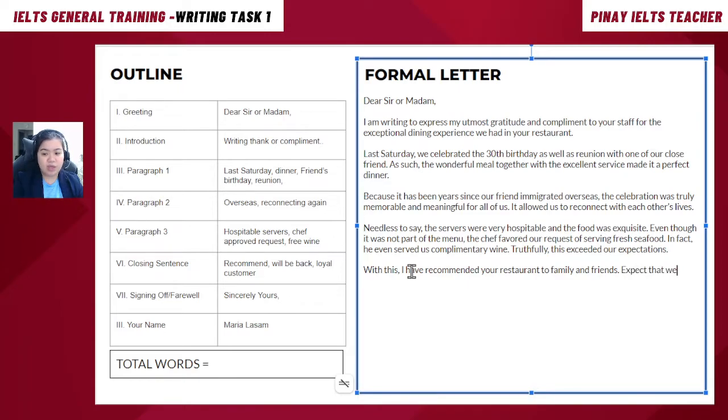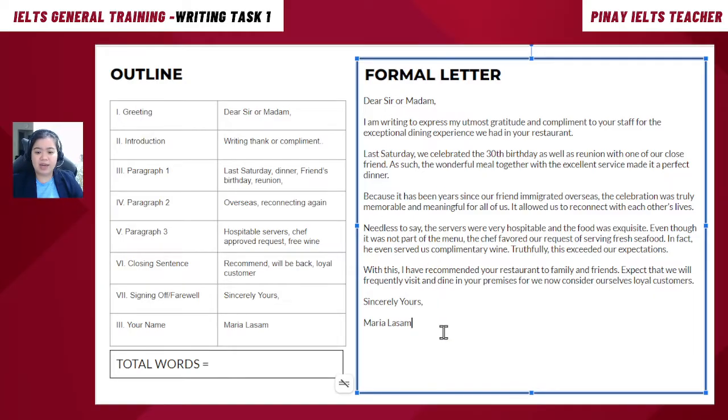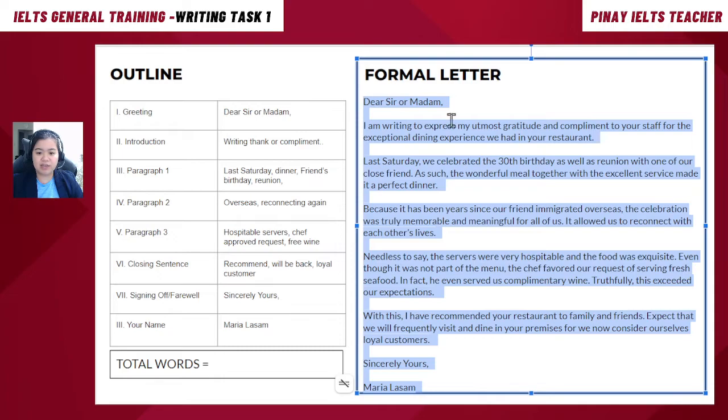Expect that we will frequently visit and dine in your premises, for we now consider ourselves loyal customers. Okay? Sincerely yours is my farewell and then my full name, right? Okay, now that we finished that, let's read it together.